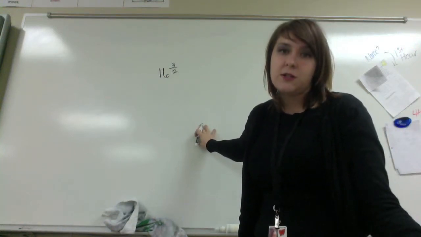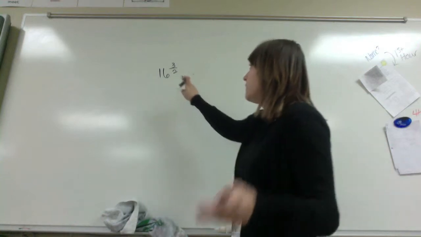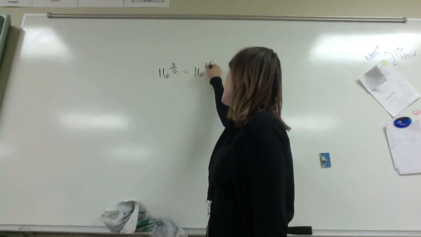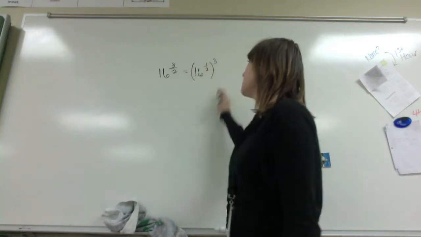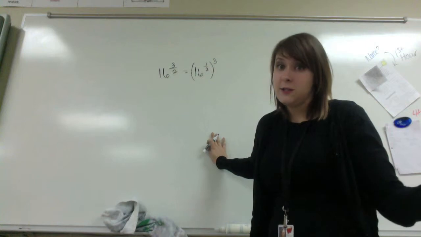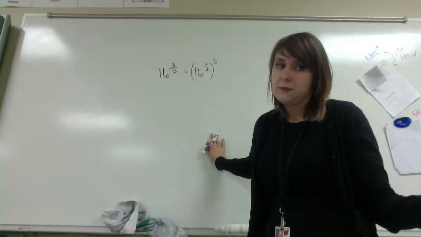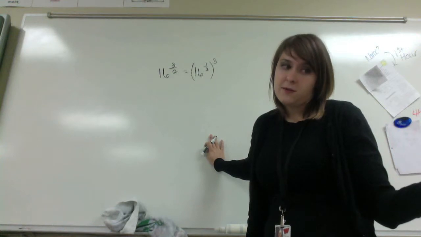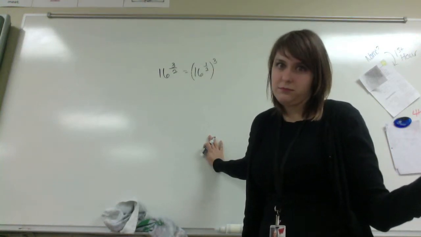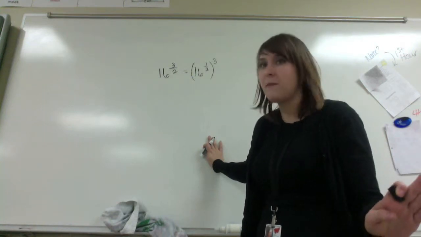So the first thing I'm going to do is say that this is the same thing as 16 to the 1/2 to the 3rd. So what rule did I just use? I used the product of power. Oh, no. I used the power of a power. Okay, use power of power rule.